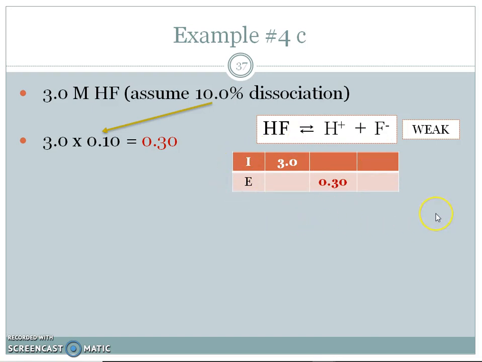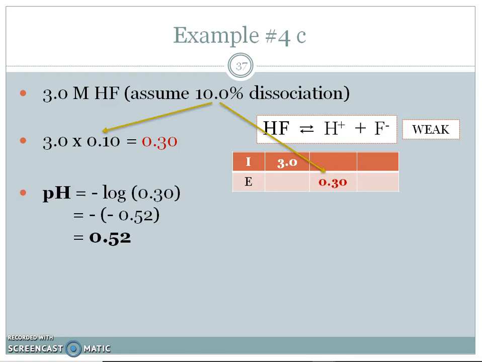From that equilibrium chapter, just to get you thinking where all these numbers are coming from, this is how much we start initially. But if only 10% dissociated, that means at equilibrium, we end up with a 0.30 molarity for our H plus concentration. That's where that 10% is coming from. So now we can actually just take our pH of the 0.3, or negative log of that H plus concentration, which is 0.3, and we get a value of 0.52.